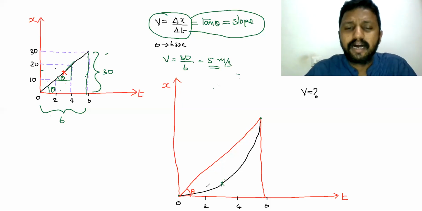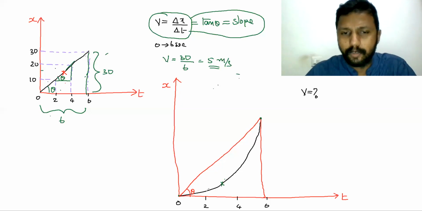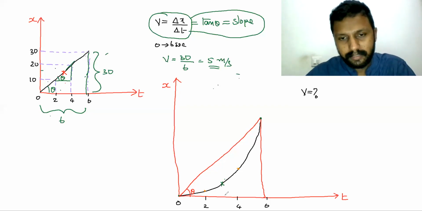Then there is another method for finding the velocity. That is, we could imagine two intermediate points like this. Then let's construct a triangle with these two intermediate points.